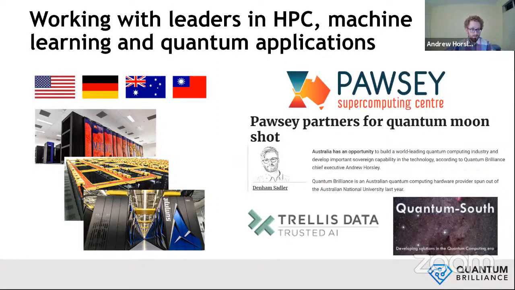An example of that is a very close partnership we have with the Pawsey Supercomputing Centre here in Australia, which is one of the tier 1 centres here. With this, we're building software that allows us to integrate into other systems and applications that let us take advantage of a very unique vision for quantum computing that we have, this everyday technology.